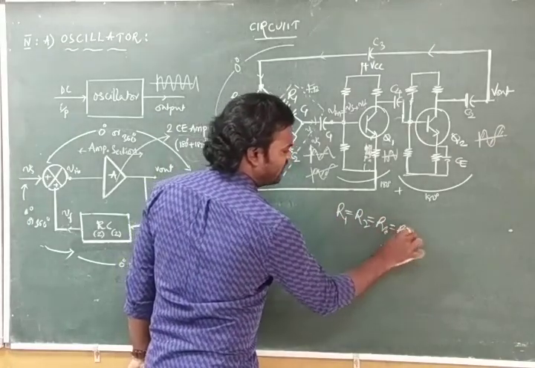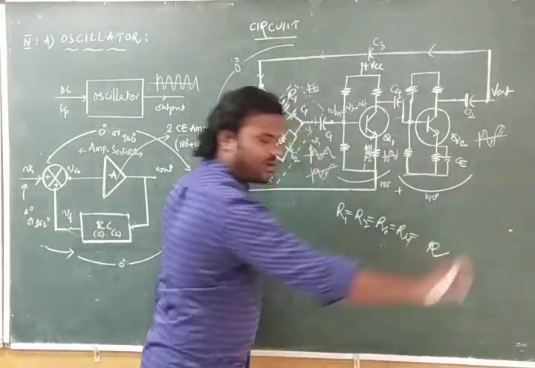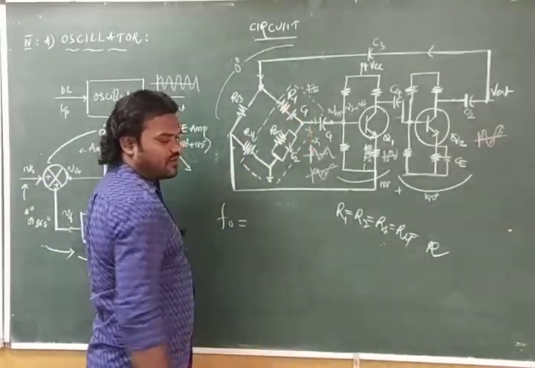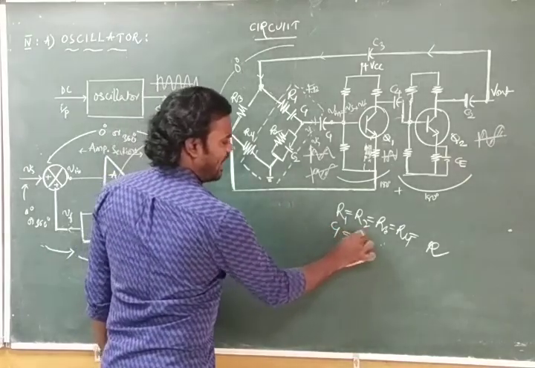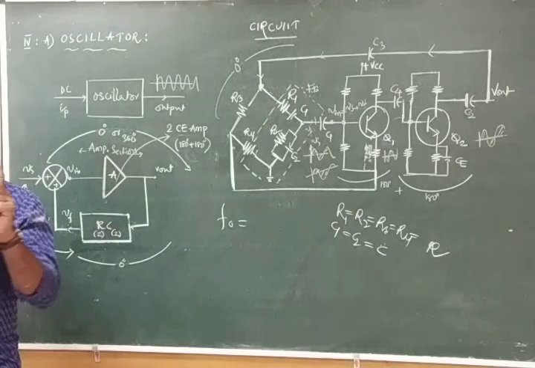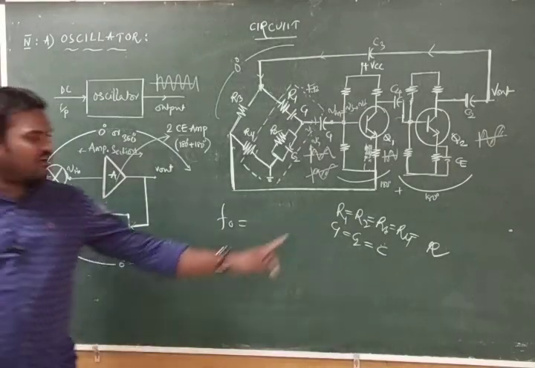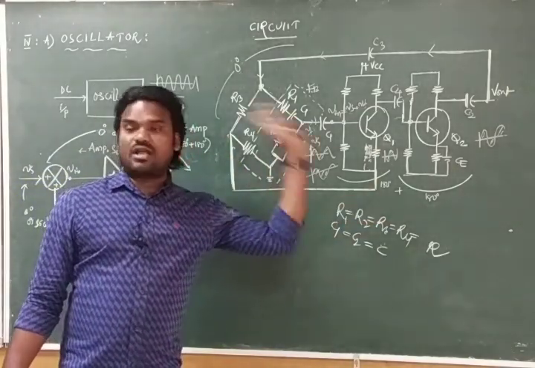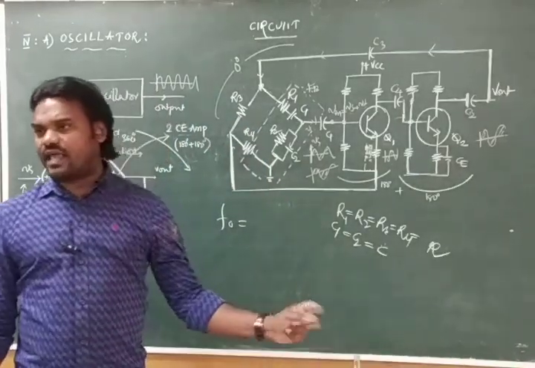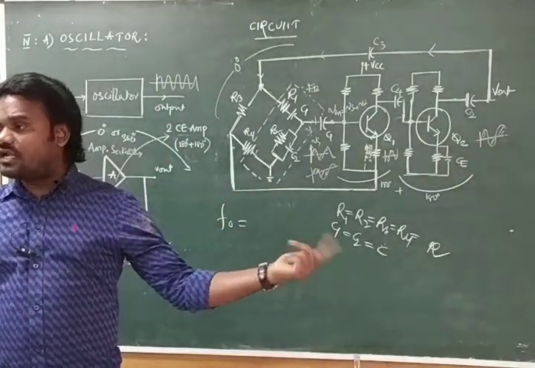For all the 4 we are selecting one value, that is I am assuming R. And 2 capacitors are there. What are those? C1 and C2. For both the capacitors I am assuming only a single value. If R1 is 1 kilo ohm, all the remaining will be 1 kilo ohm only. If C1 is 10 microfarads, I will be selecting C2 also as 10 microfarads.